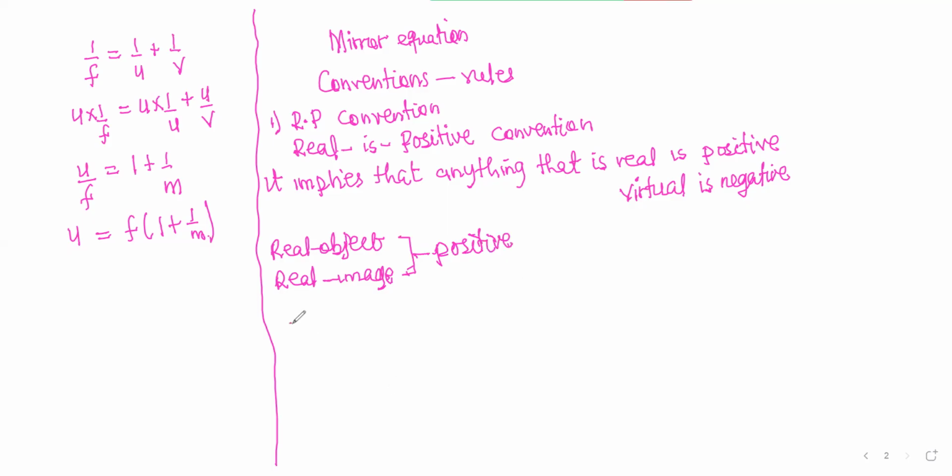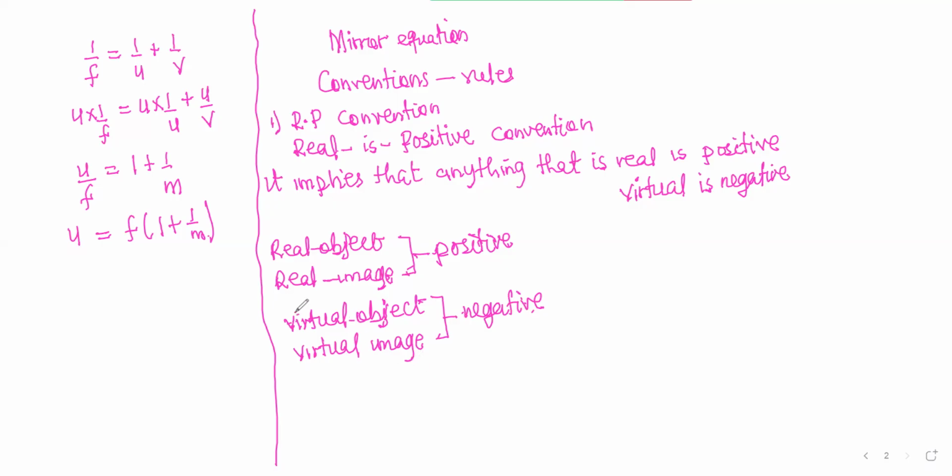And virtual objects, virtual image must be considered to be negative. That's the meaning of RP convention.